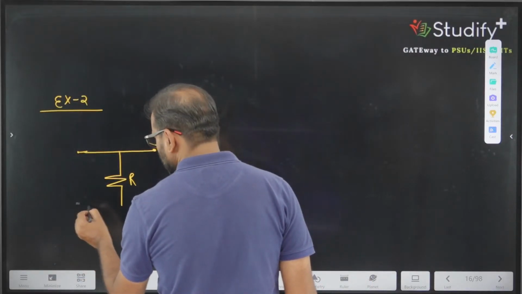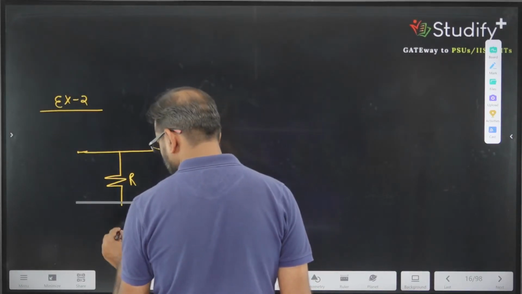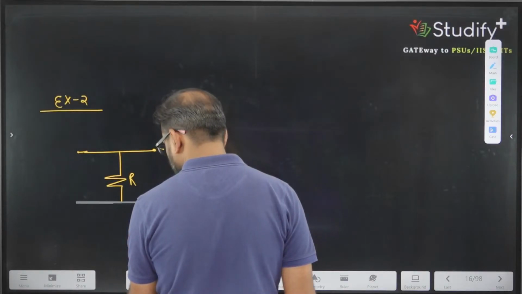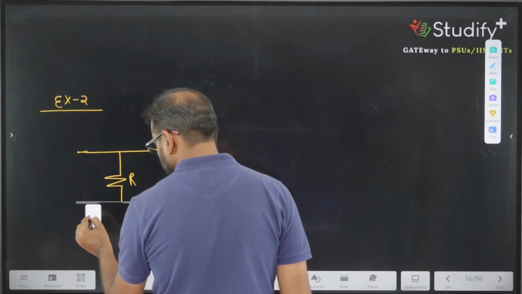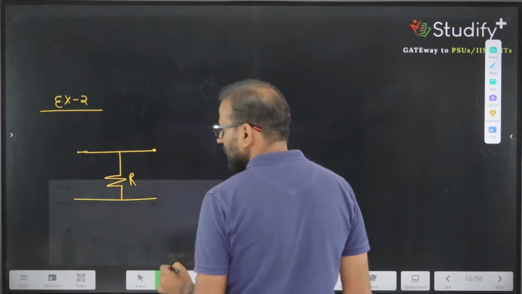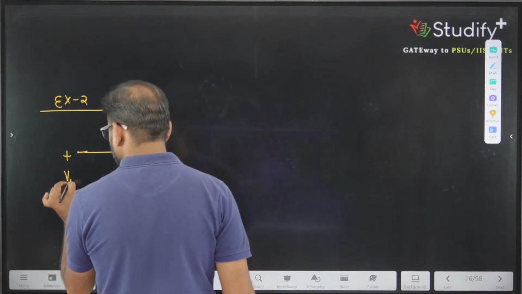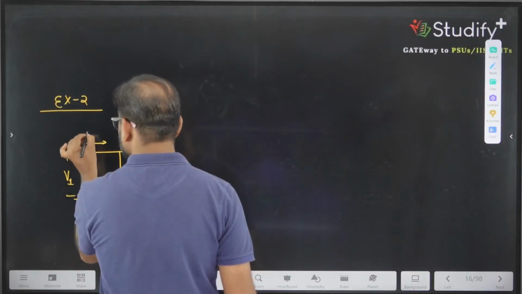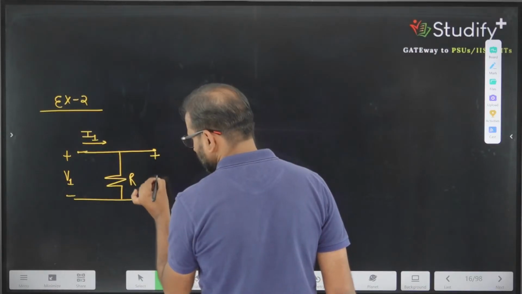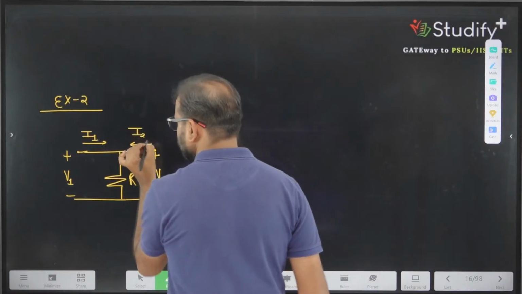I am calling this value V1. This value is I1. This value is V2. This value is I2. Correct?